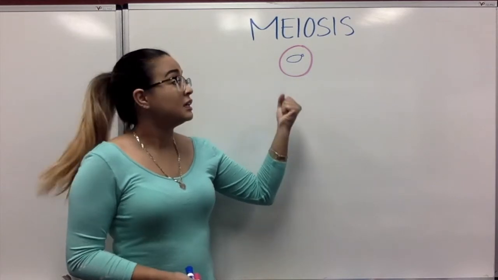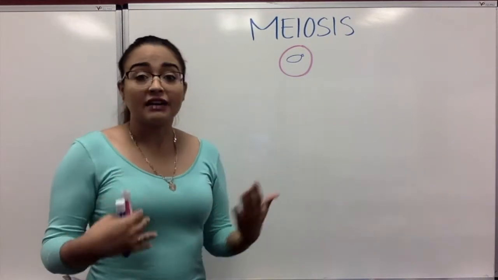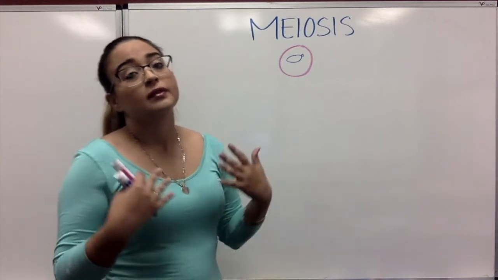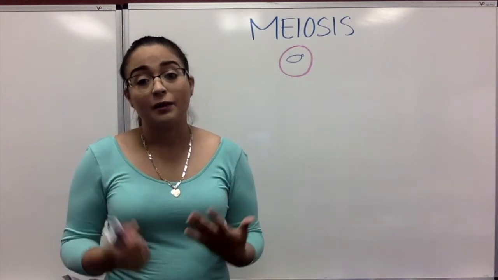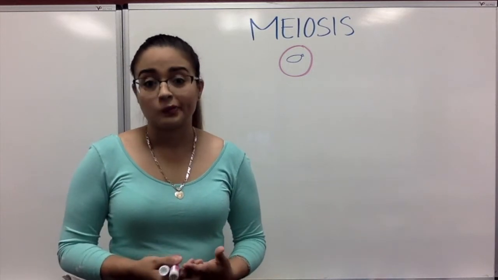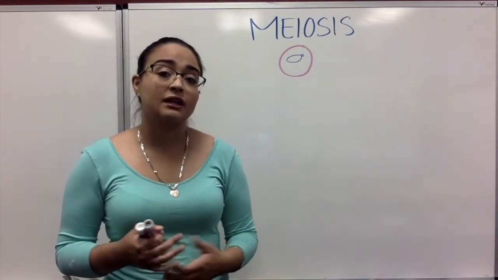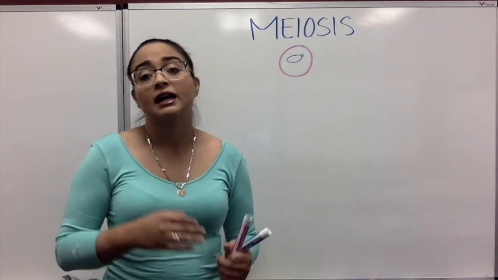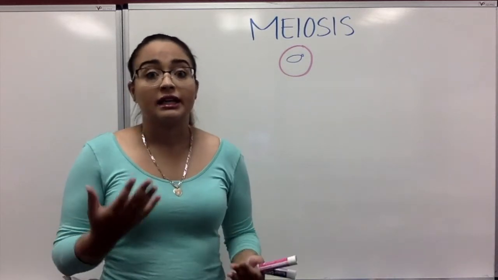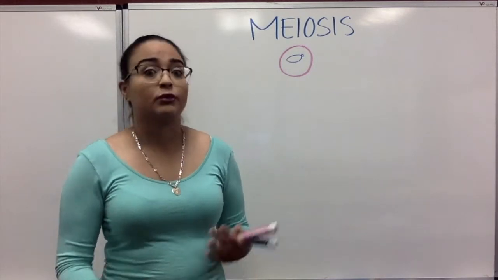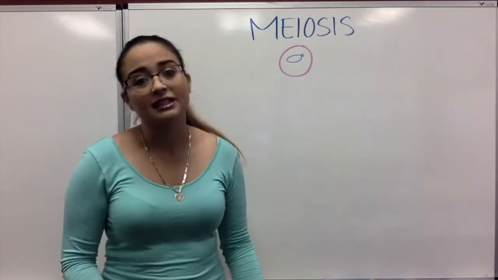Like I've mentioned before, chromosomes are made up of DNA. DNA is a chemical that has different codes and kind of tells us how we're going to look, and if we're going to look like someone specifically.